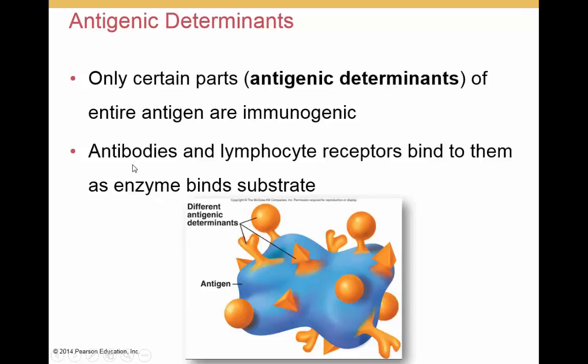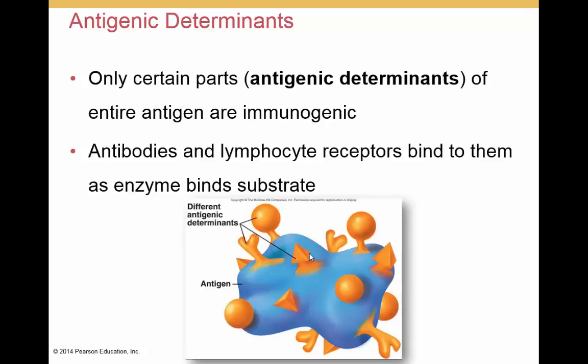And antibodies and also the T cell receptors are looking for these little bits and pieces on the surface. These are all antigenic determinants, different shapes, different sizes that'll activate different T cells and B cells. So against bacteria, we can have many different lymphocytes activated and creating antibody and attacking these bacteria because they have multiple activation points on their surface. Those are known as antigenic determinants.